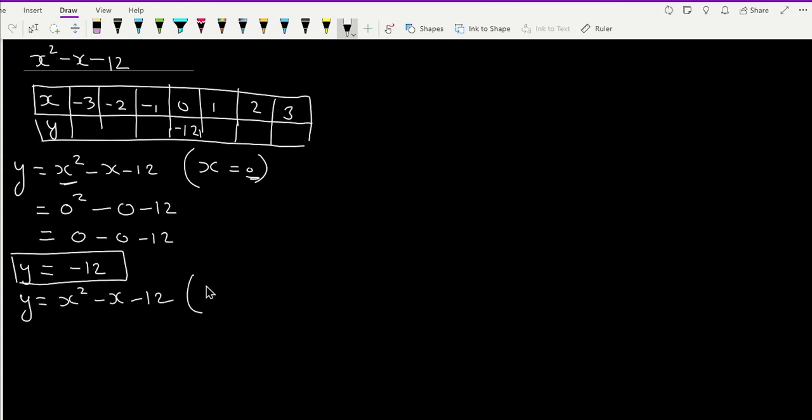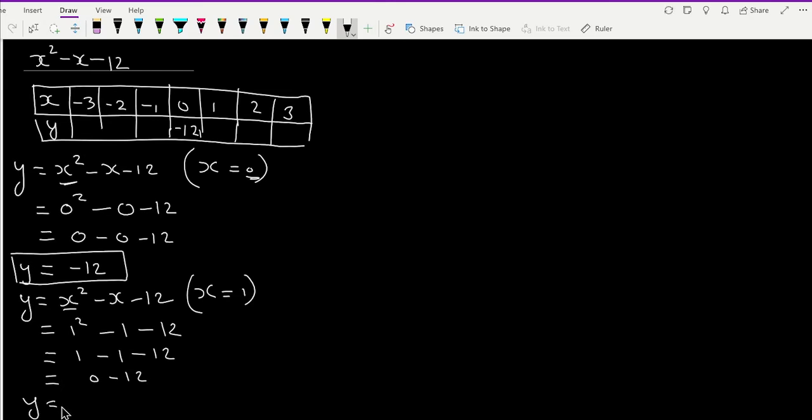Similarly I will do for x is equal to 1 also. So now I am taking x is equal to 1. In place of x I am writing 1 here. 1 square minus 1 minus 12. So 1 square is nothing but 1 minus 1 minus 12. Here 1 minus 1 is 0, 0 minus 12.